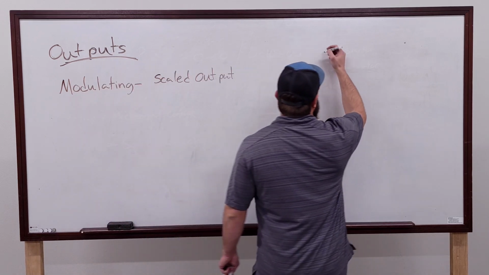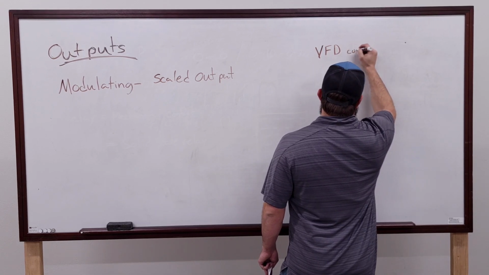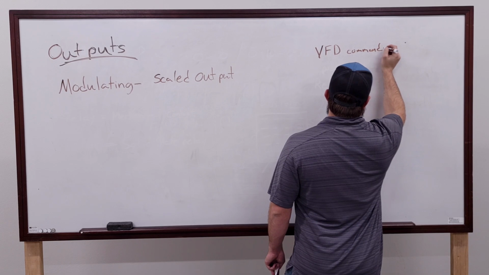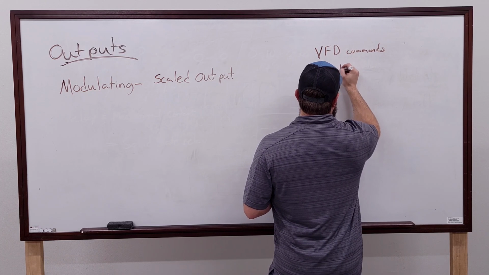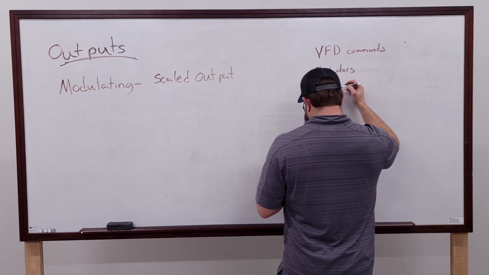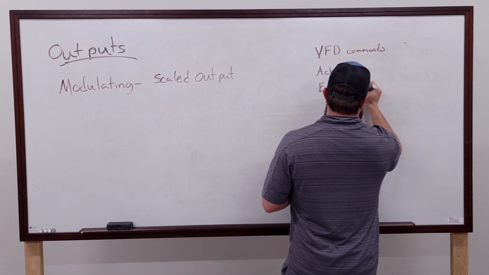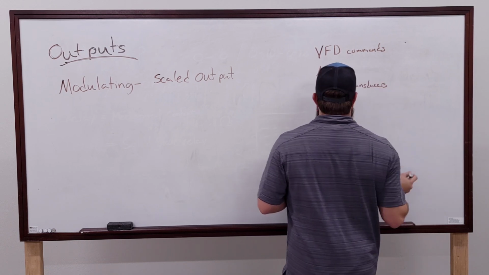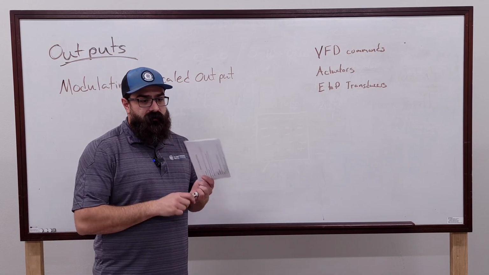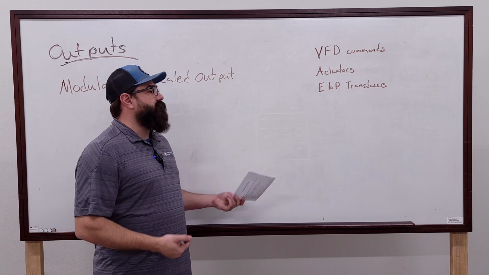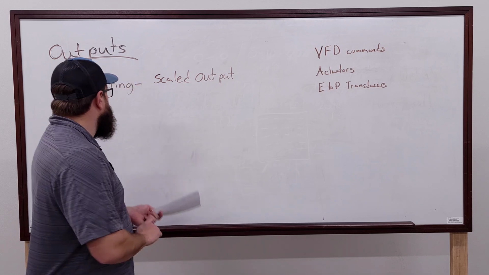So some examples are VFD commands, actuators, E to P transducers, electronic to pneumatic transducers. So if you've got a pneumatic valve actuator, but you have a DDC controller, you use an E to P transducer to convert that digital signal to a pneumatic signal.